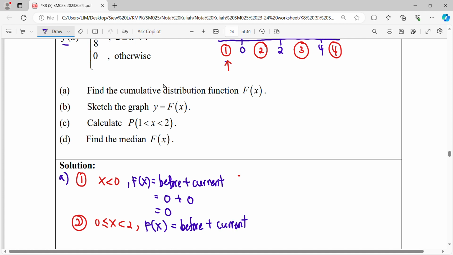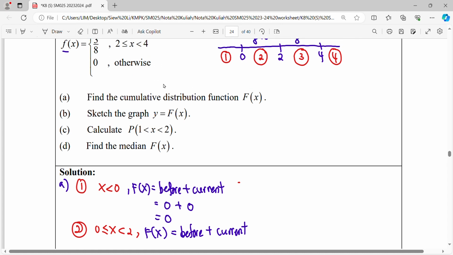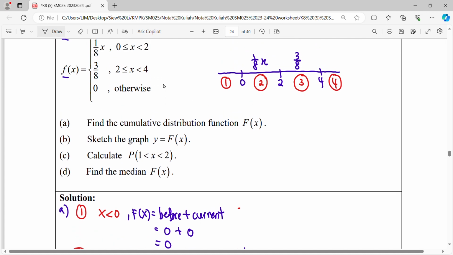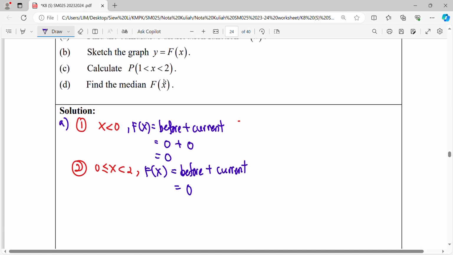Now you're here, which means you already finished your first interval. Look back at the interval before this. In the first interval, do you have any probability? No. So for the before interval, we get 0.